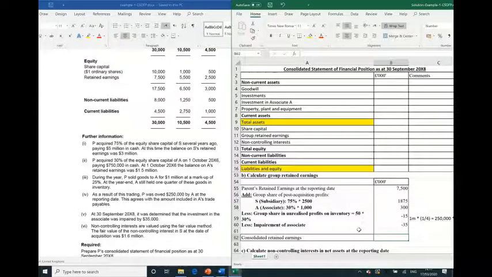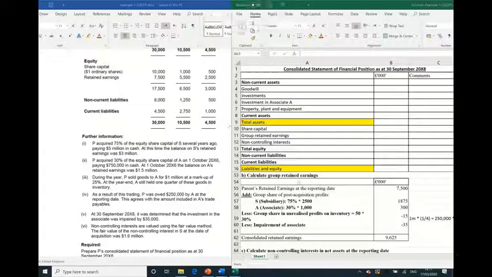Then we have the consolidated retained earning. It's just adding up these figures, so it is 9,625,000.